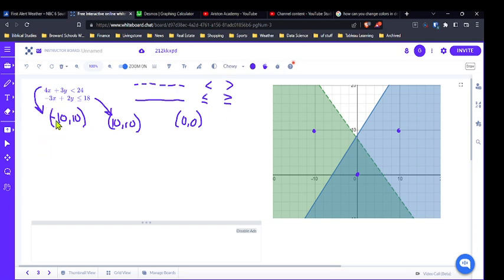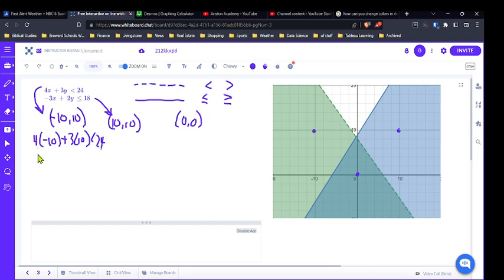All right, so minus 10, comma 10, is it a solution to this inequality? So how do we do that? Well, we evaluate. We put the x value in for x, and we put the y value in for y, and we do the math. So 4 times minus 10 plus 3 times 10 has to be less than 24.